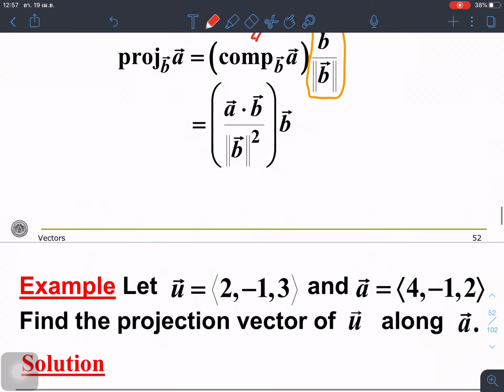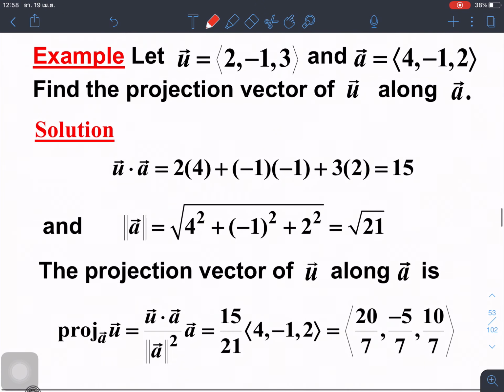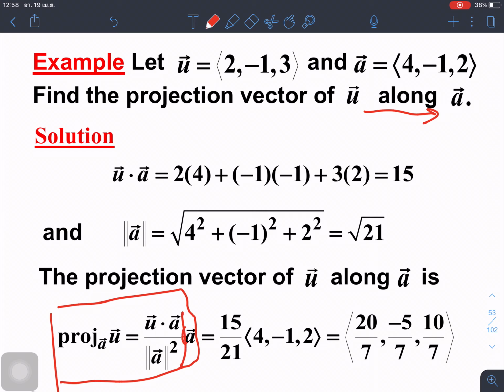Okay, now let's take a look at this example. You want to find the projection, right? So use the formula. You have vector u and vector a, and you want to find the projection vector of u along a. So you're going to push u down to a. The formula is: the projection of u down to a is u dot a divided by the length of a squared, times vector a.